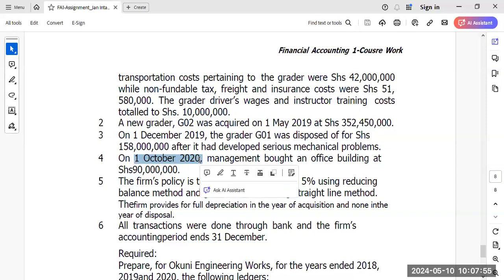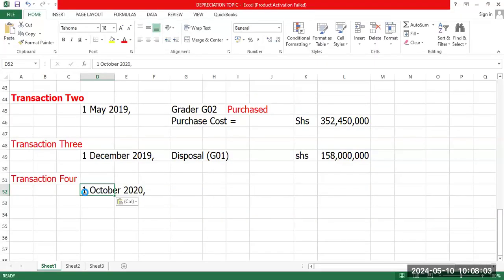Yes, it's an asset. So on this date, they actually purchased the office building. Here we purchased.